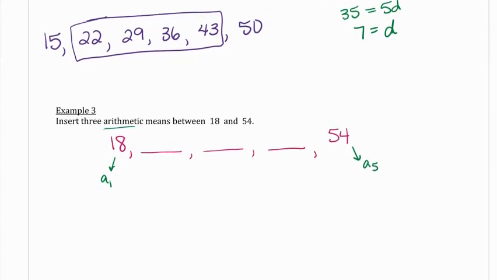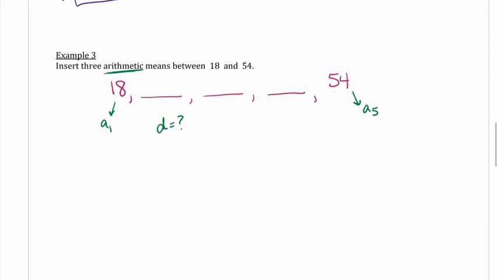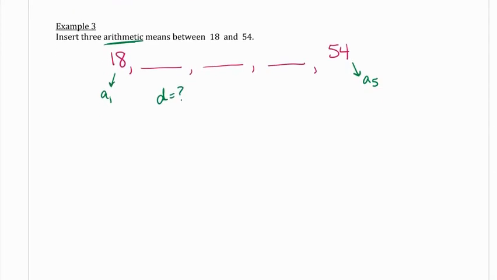And it's arithmetic, we know that, so we're looking for what is our common difference, right? So we can use our arithmetic term generator, which is our a sub n equals a1 plus the common difference times n minus 1. So I'm going to use a 5 this time, because that's the last term we have. My first term is 18 plus, I don't know the common difference.